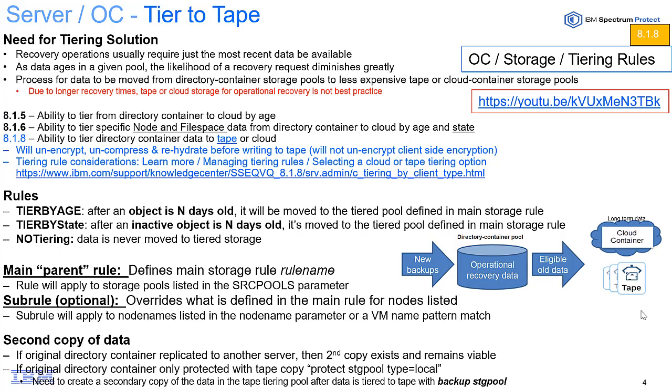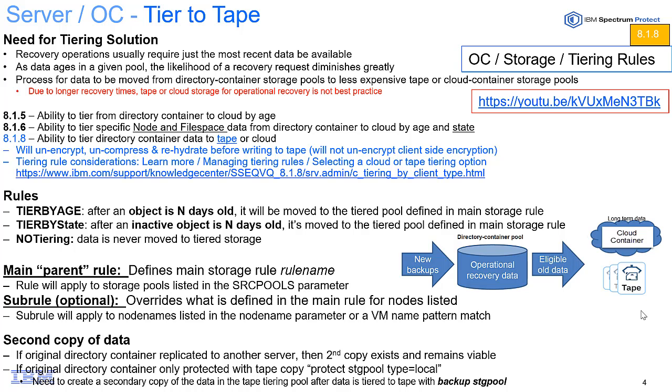And you can put these rules together in a combination of a parent rule, which defines the main storage rule for a source pool. And then underneath that, you can have multiple subrules, which are optional, but which will override what's defined in the main rule and be very specific for the individual nodes.